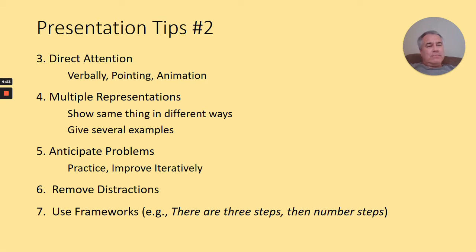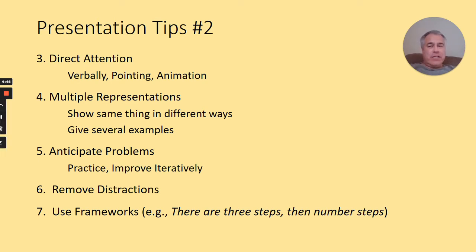As you're going along, directing people's attention to what they need to see can be really useful. You can do that with automation, or you can just point to things with your mouse or cursor. If you're in person, you can gesture to things, but directing people's attention is really helpful.